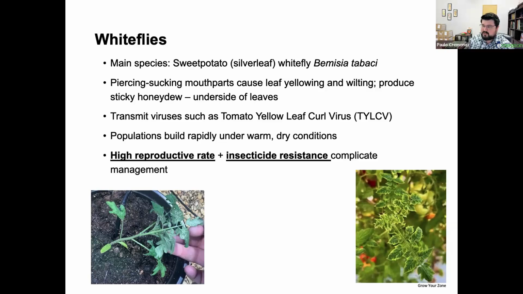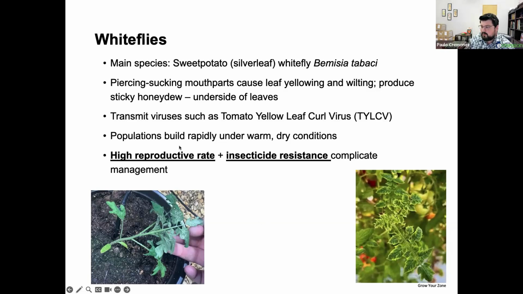They transmit viruses. One of the most prominent ones is tomato yellow leaf curl virus, TYLCV. This is a picture of what it looks like. One can say that this can be confused with nutrient deficiency, but you always have to check if you have whiteflies in your area.